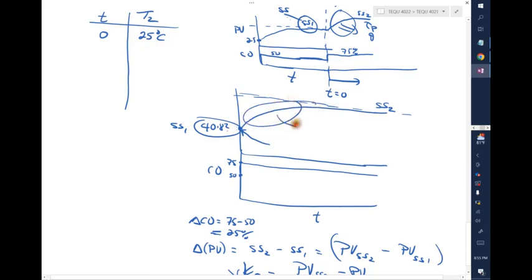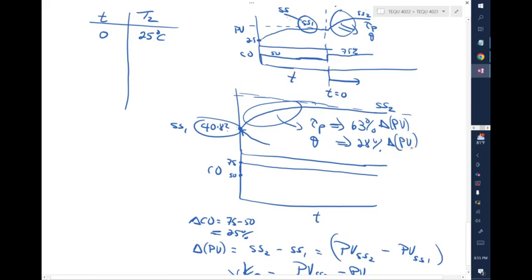We can calculate then what we call tau p, which is related to a 63% change of the system, and theta, which is basically related to 28%. Let me put it this way: this is more related to a change of 63% on the delta PV, and this is more related to a 28% on delta PV.